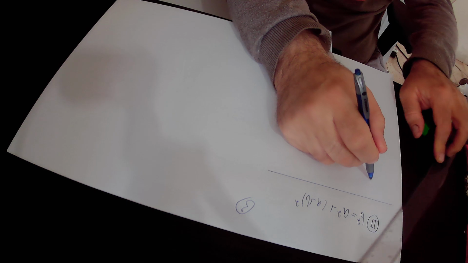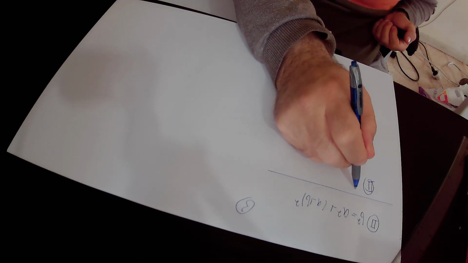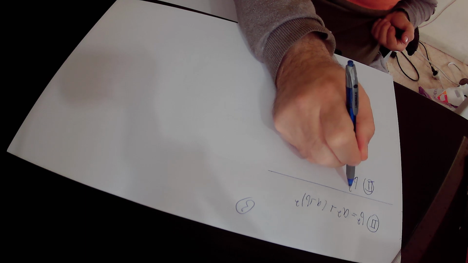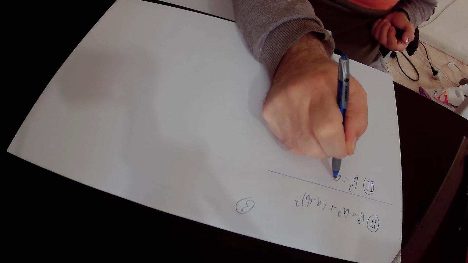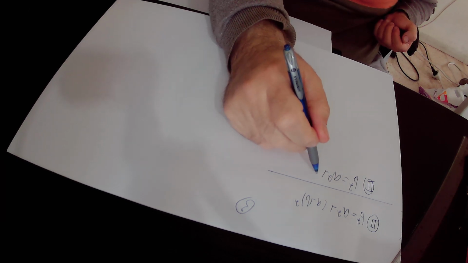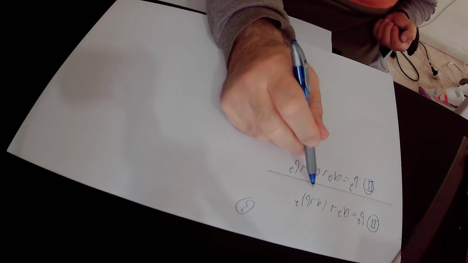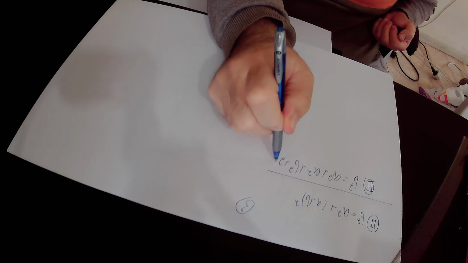According to equation 2, on this side of the equation, B squared equals A squared plus (A plus B) squared, which equals A squared plus A squared plus B squared plus 2 times AB.